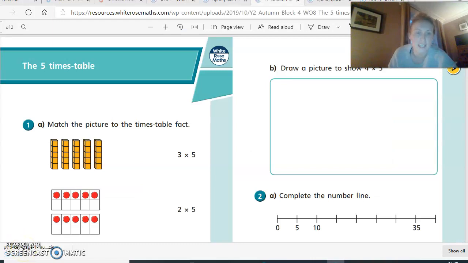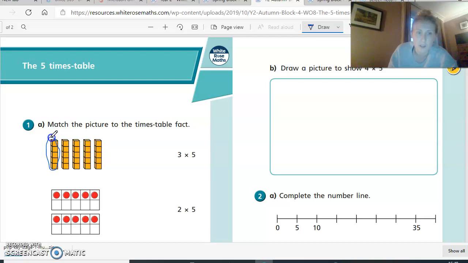I found the worksheet. So question 1, match the picture to the times table fact. So what picture here is represented by the fact here? So we've got the first one, we've got 1, 2, 3, 4, 5 groups of 5. So what I might do here is put a circle around each of my groups to help me.